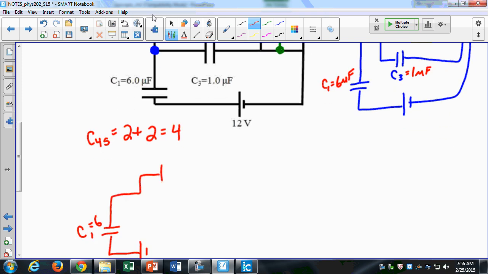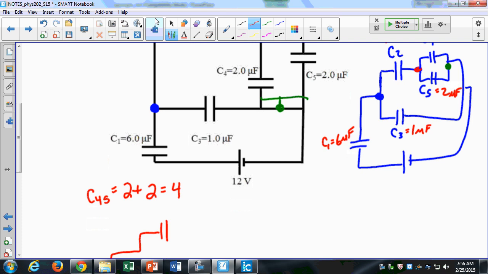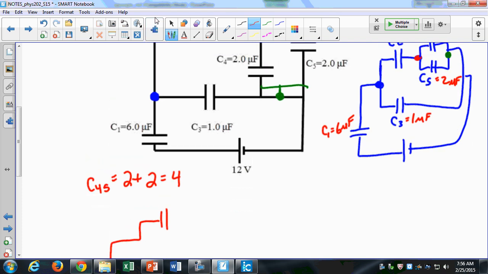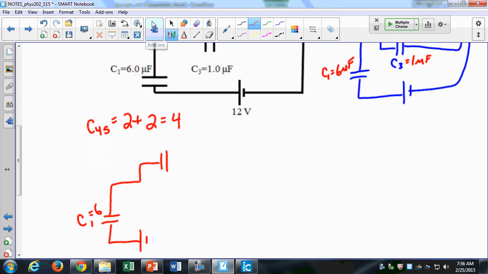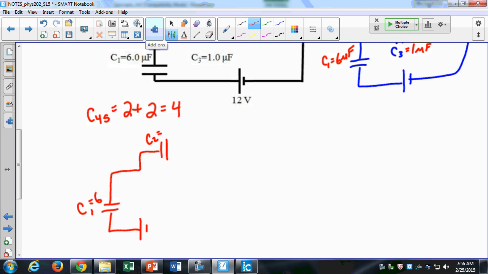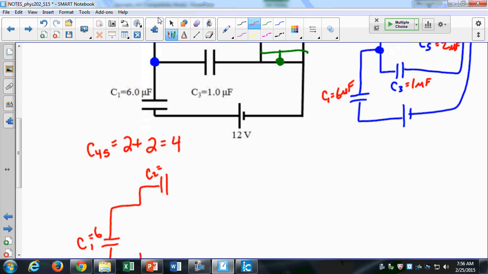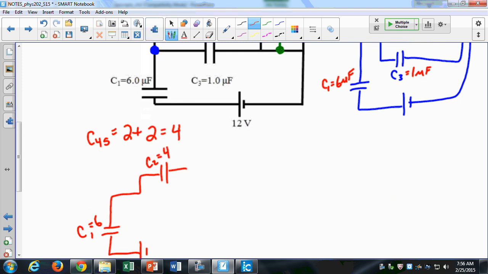And it's useful to have these circuits drawn out. Here I have C2, which is 4. This is our new C45, which is also 4. And this is in parallel with C3, which is 1 microfarad.